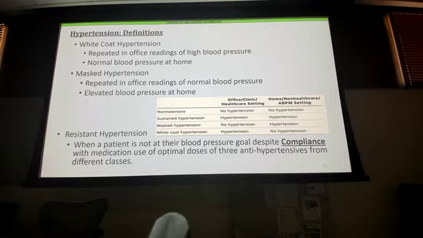Other definitions to be familiar with, so white coat hypertension. This is probably going to be one of the most common excuses your patients are going to say as to why they have high blood pressure. They're nervous to see you, right? Because whenever you go to the provider's office, is it for good news? Not unless you're going to OB, okay? Rarely does anybody go to their doctor to get good news.